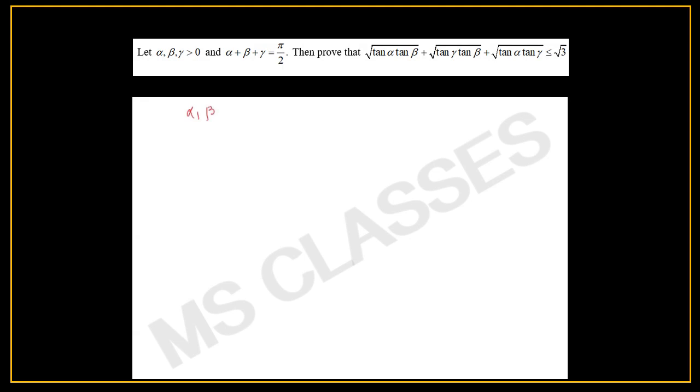It is given alpha, beta, gamma greater than 0 and alpha plus beta plus gamma equal to pi by 2.